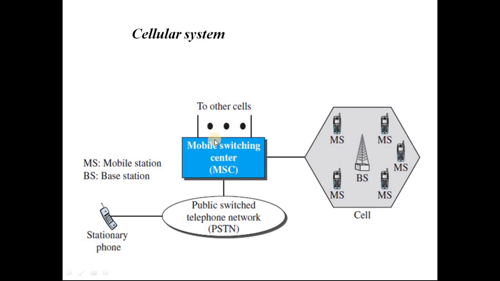This mobile switching center will call the telephone central office, which connects with the other base stations, or with the other cells and other public switched telephone networks. So this is the architecture of a cellular telephone.